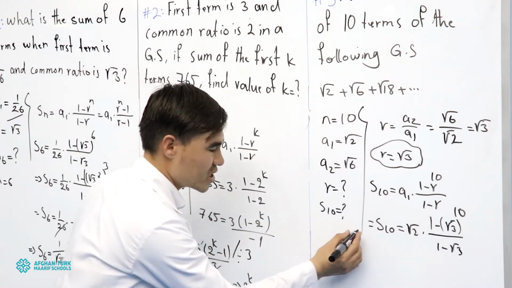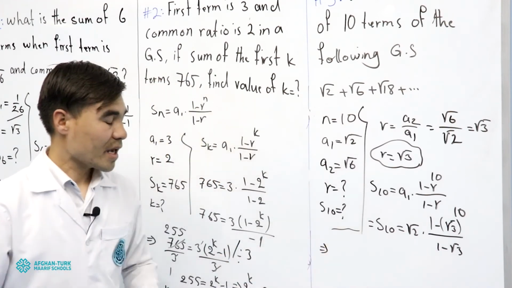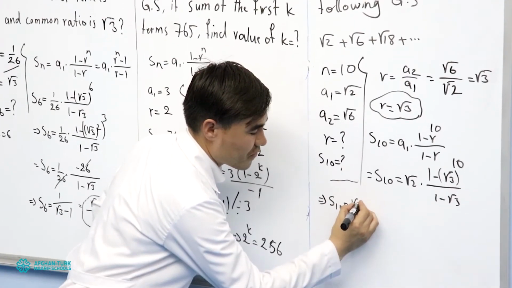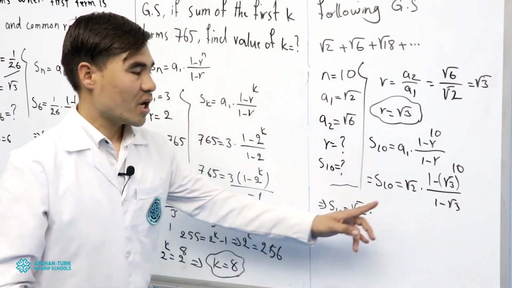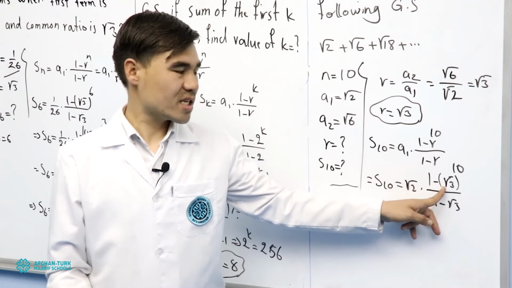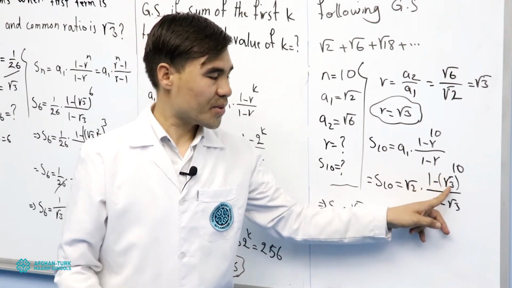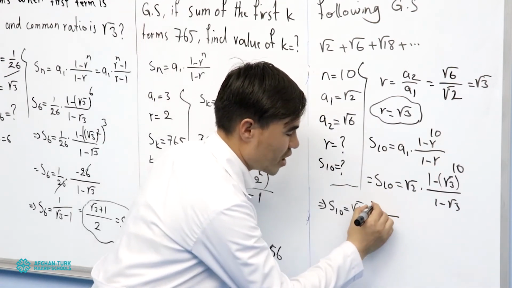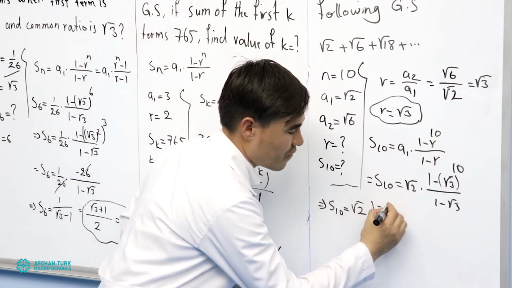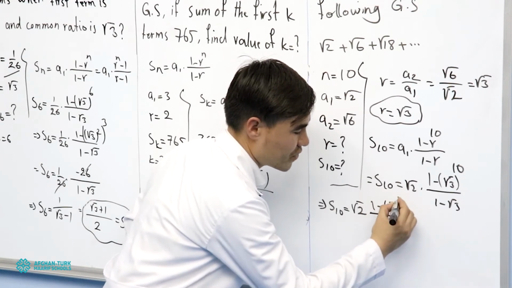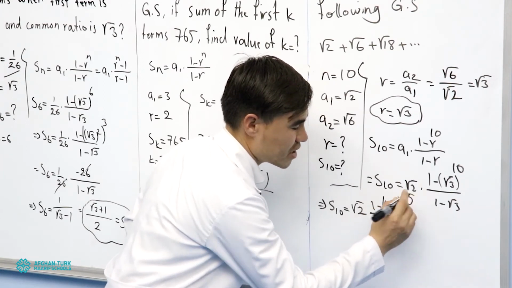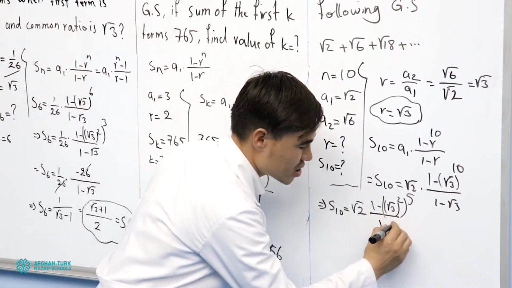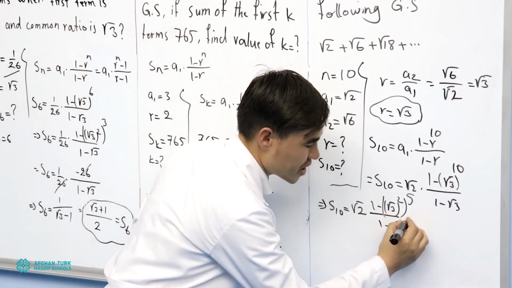Let's simplify this one. S10 is equal with square root of 2 times 1 minus square root of 3 to the power of 10, which is square root of 3 to the power of 2 to the power of 5, 2 times 5 will be 10, over 1 minus square root of 3.